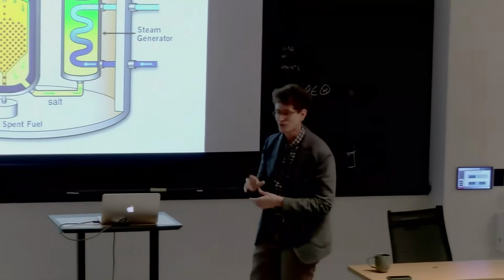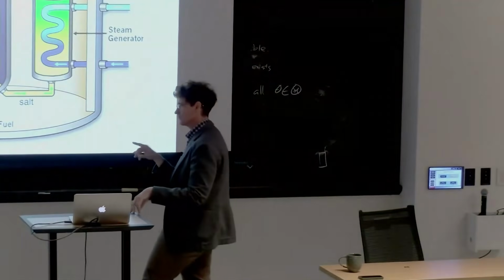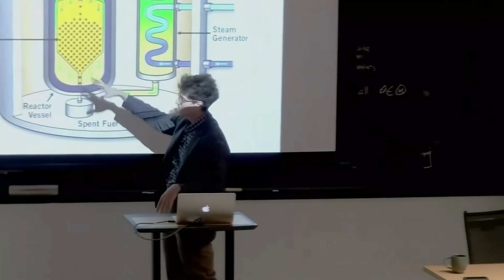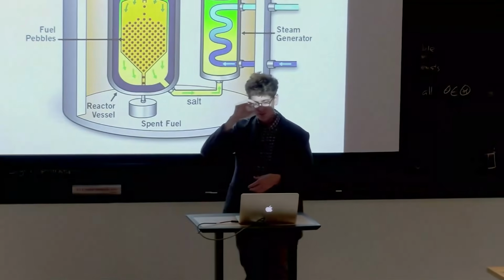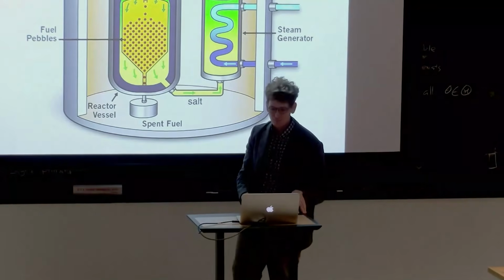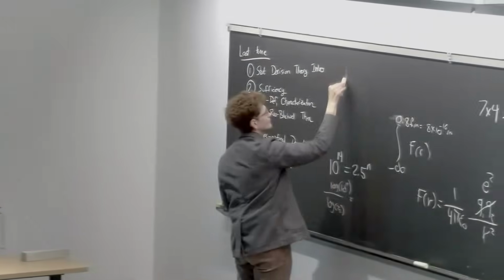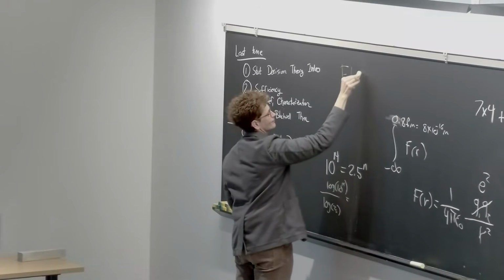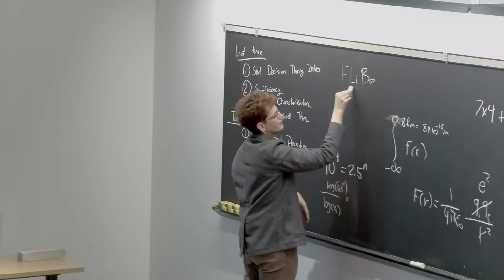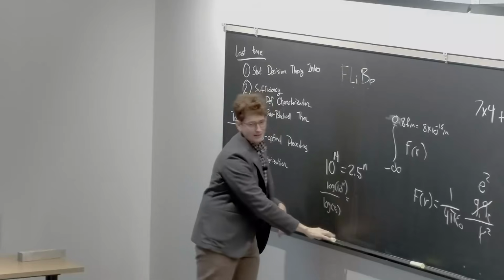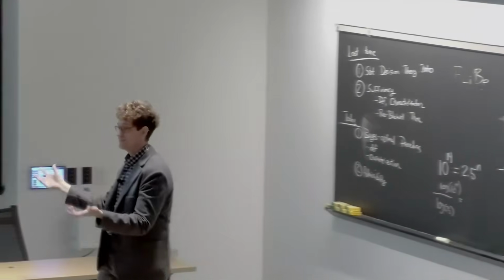Usually this is a salt called FLiBe, fluorine, lithium, beryllium. It also has these nice features. I'll just write it out so you know what I'm saying. Fluorine, lithium, beryllium, FLiBe. It expands even less than helium.